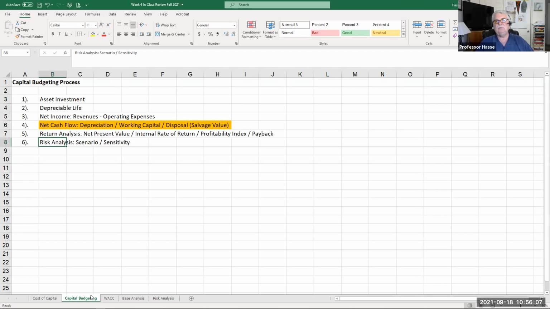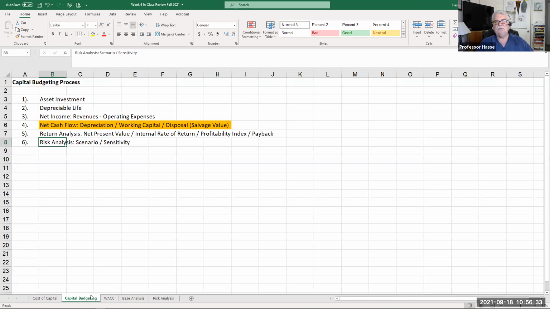What is the depreciable life of that asset? Because that's going to determine the financial life of this asset. What is the net income that's going to be generated into the future of this asset? What is the net cash flow, taking the net income and taking into account depreciation, working capital, salvage value, to determine the net cash flow of this asset?